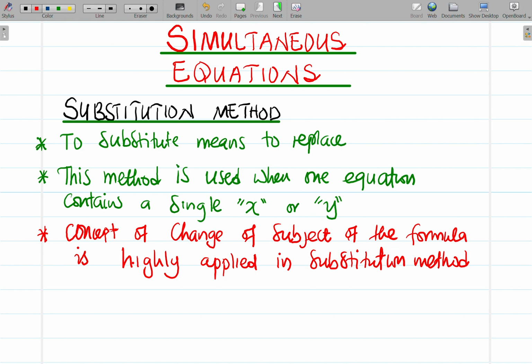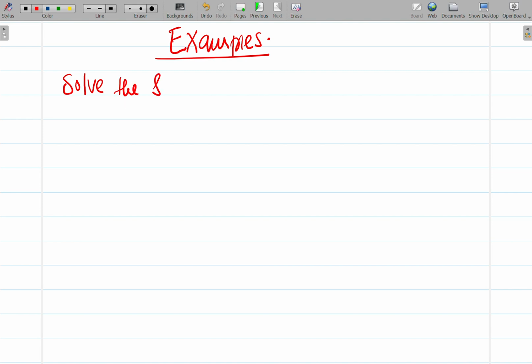Straight away, let's go into the examples. Solve the simultaneous equation by substitution method.